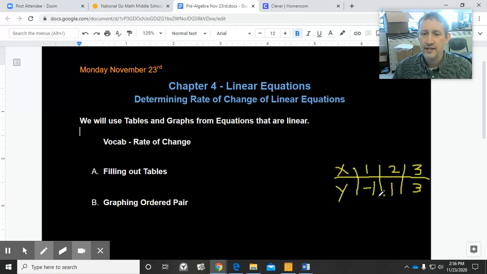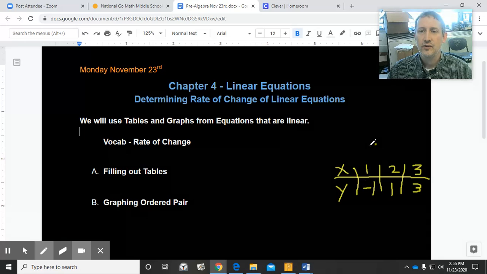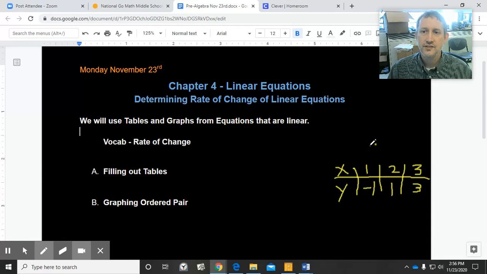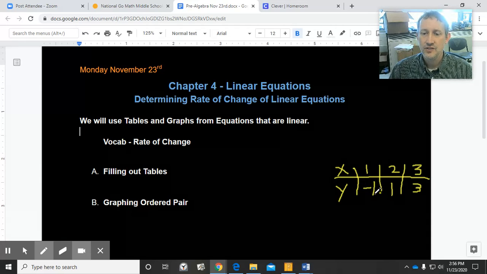I can't just take my y divided by my x and find out what the proportionality is, or what the slope is. I have to see how it is changing.